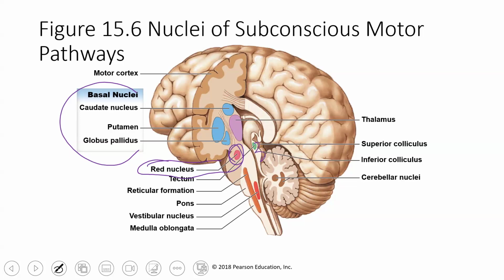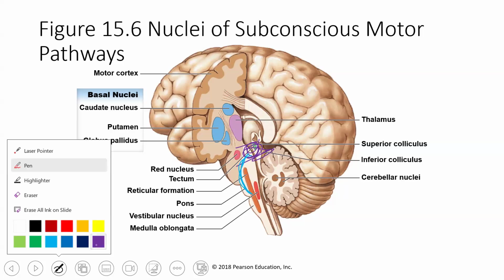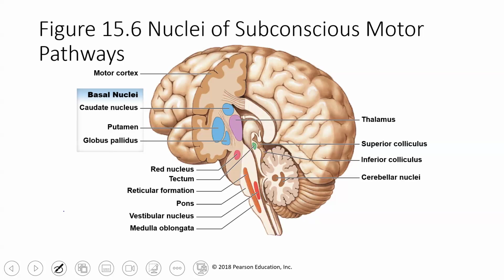You can see the tectum that I was just talking about here of the midbrain. This is midbrain right here. Okay. And then just below that is going to be pons. Okay. Pons. And then just below that is going to be medulla of the brainstem. Okay. Good.